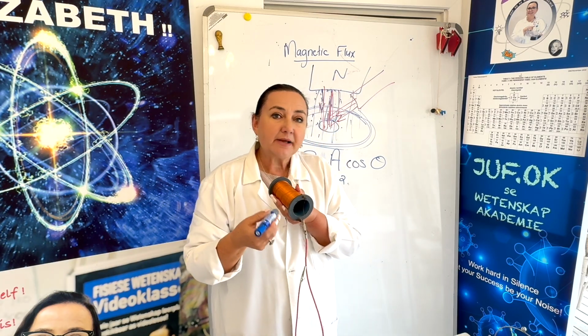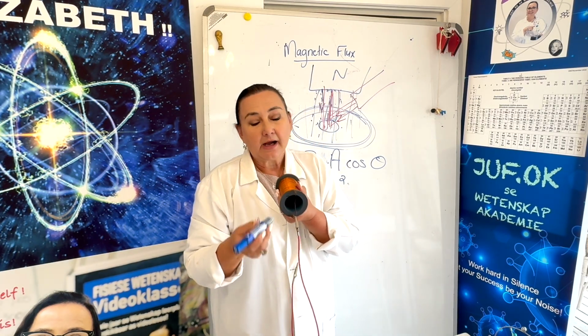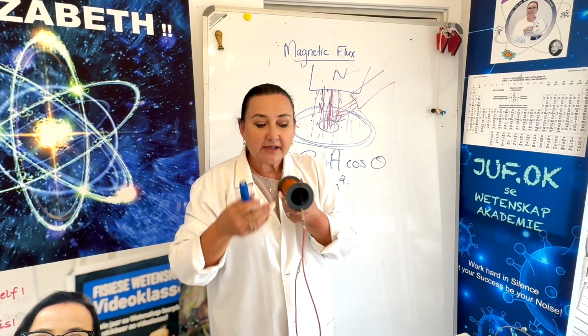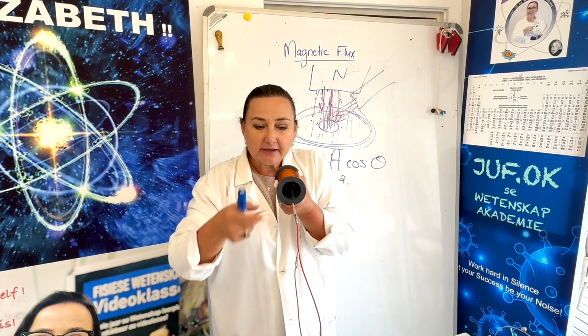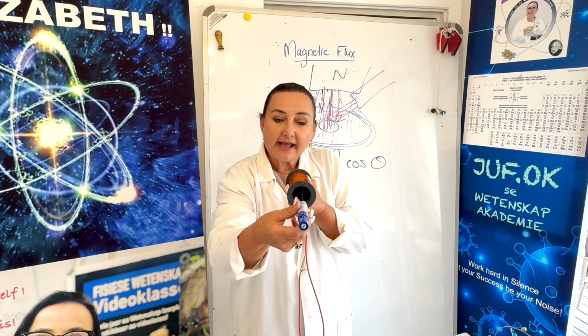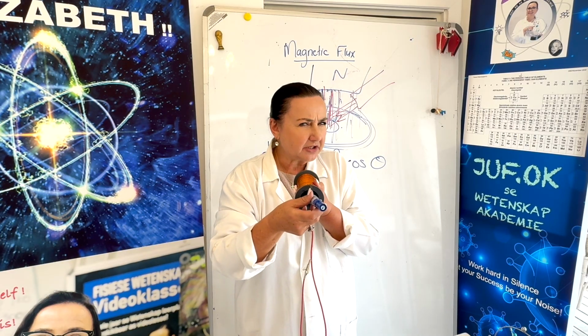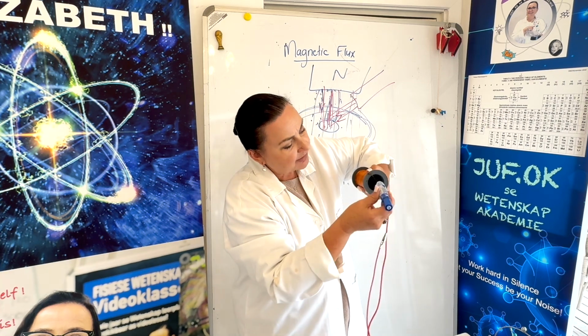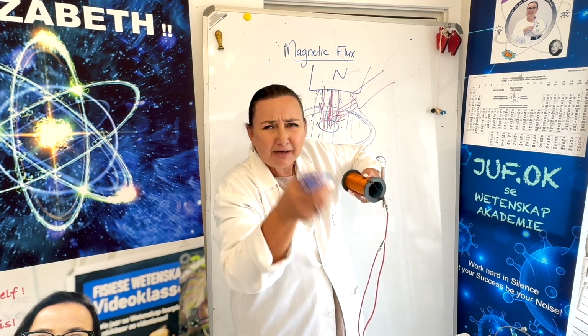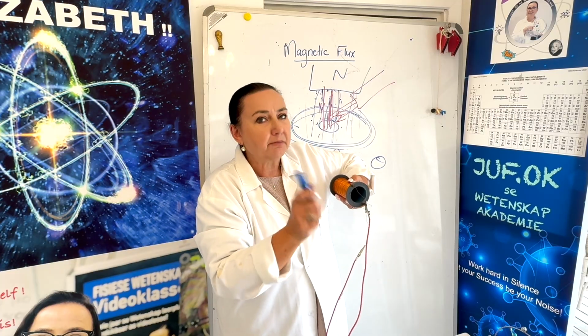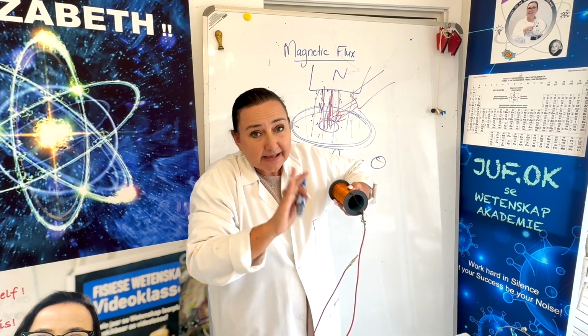So when they say magnetic field lines are hitting the area with a 90-degree angle to the area, what is cos going to be? Now remember, if it hits with a 90-degree angle, there's going to be the most field lines going through. So my magnetic flux is going to be the biggest.